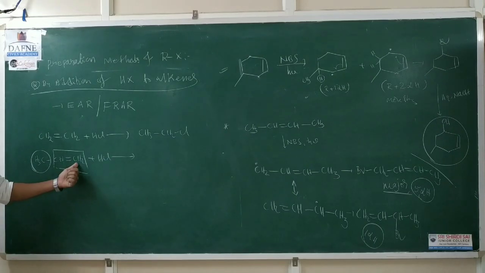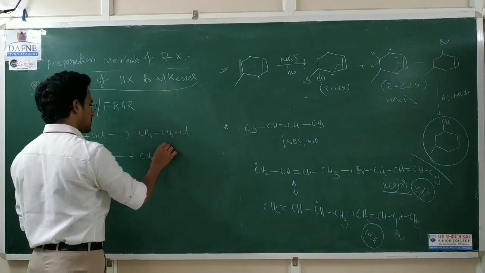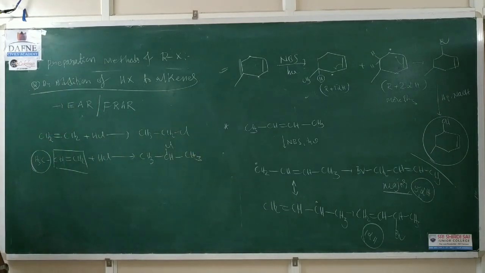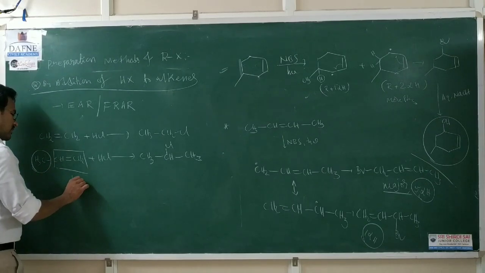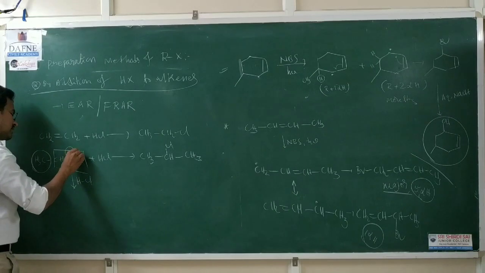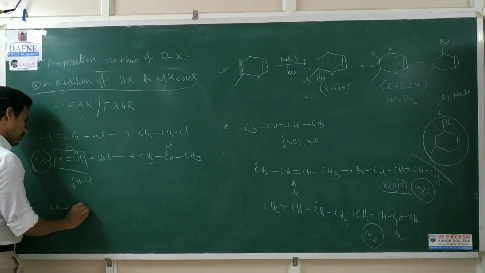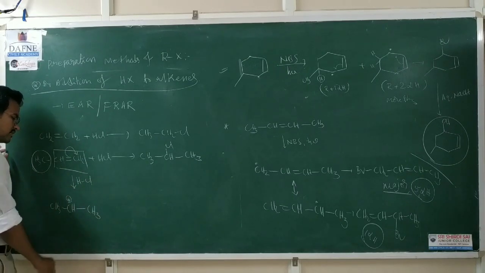So this carbon has more hydrogens. H plus is added to this carbon and Cl minus is ultimately added to this carbon, giving CH3CHClCH3. That is the major product. First, H plus addition gives CH3CH+CH3, the secondary carbocation, which is most stable.